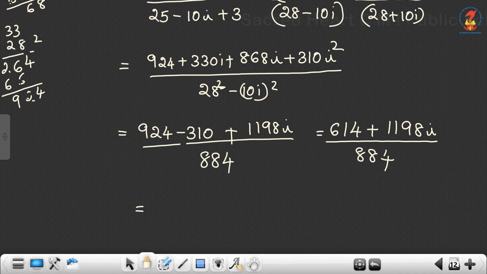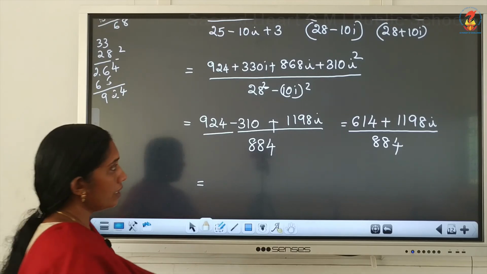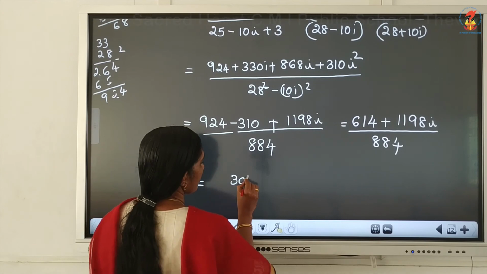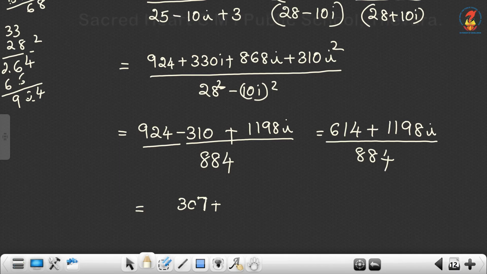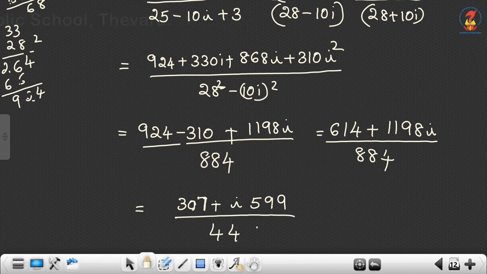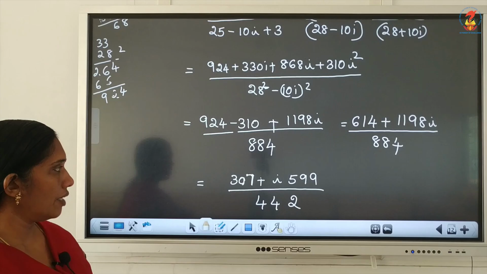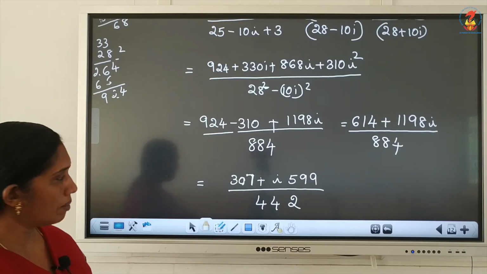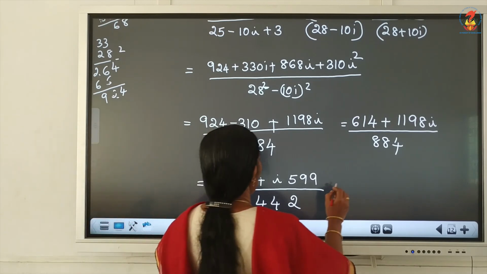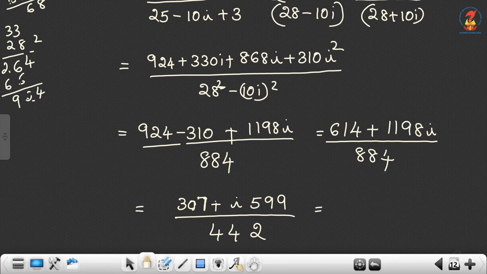And we cancel by 2: 307 plus i into 599 by 442. So 307 plus i into 599 by 442.